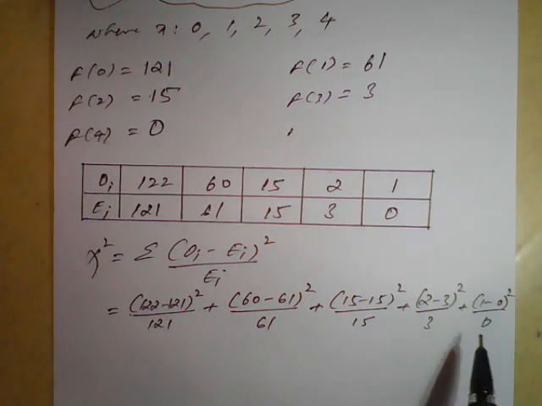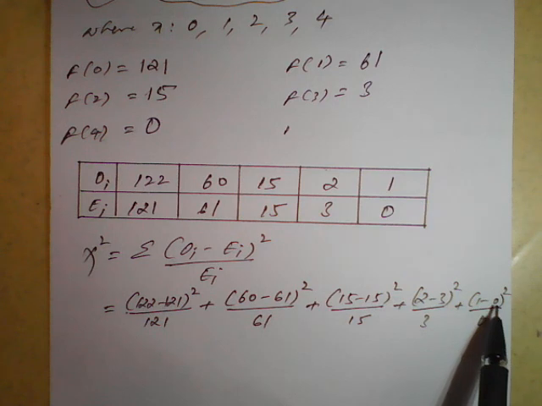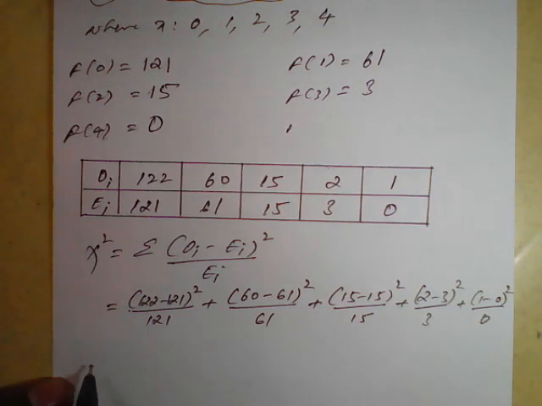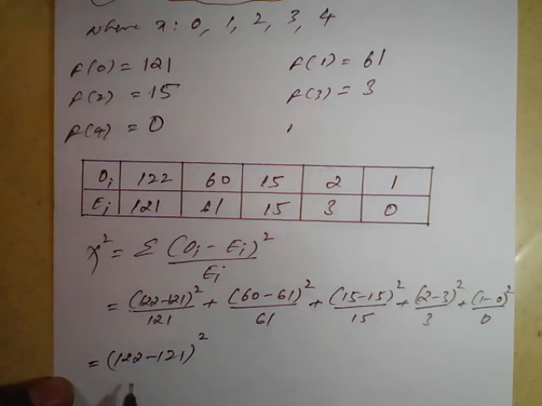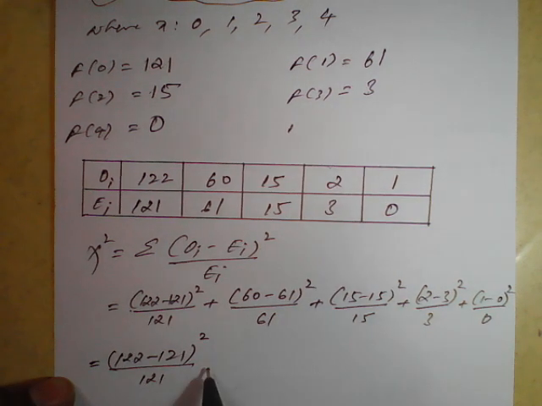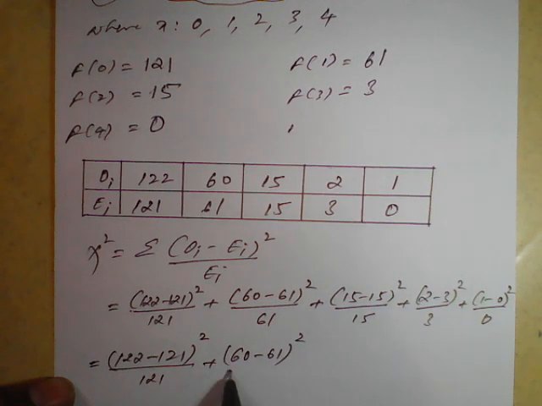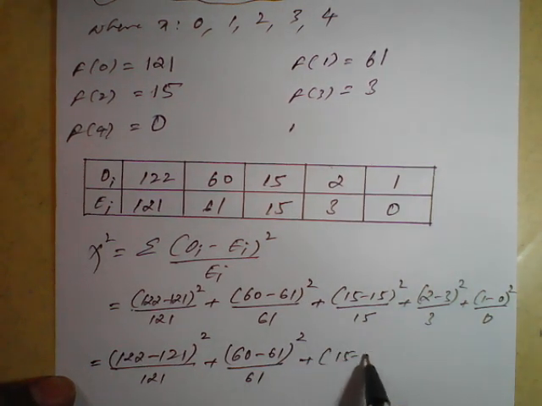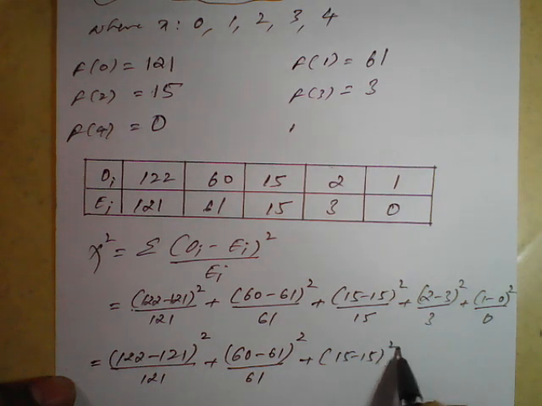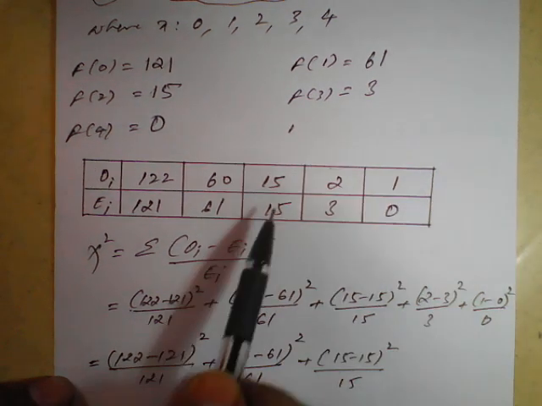Just see here, 1 minus 0, so the value upon 0 is nothing but infinity. For such a case I will rewrite this one as 122 minus 121 whole square divided by 121, plus 60 minus 61 whole square divided by 61, plus 15 minus 15 whole square divided by 15, up to here.